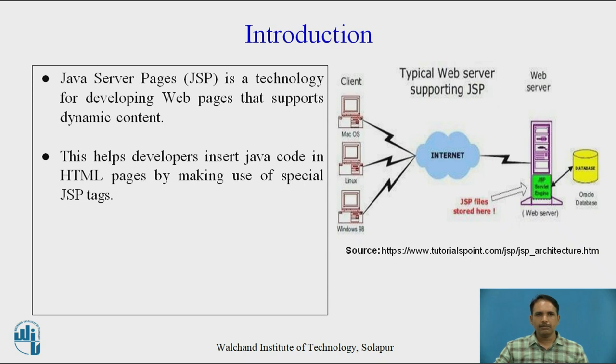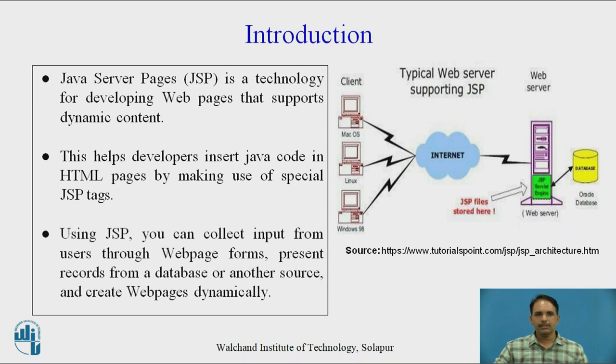JSP helps developers insert code into HTML pages by making use of special JSP tags, which makes the programmers coding convenient. Using JSP, you can collect input from the users through web page forms, present records from the database or any other source, and create web pages dynamically.